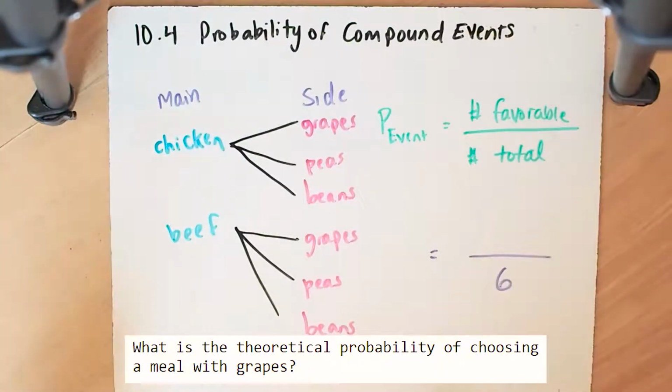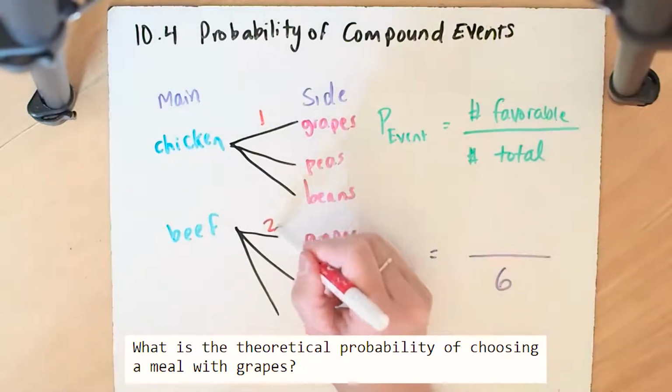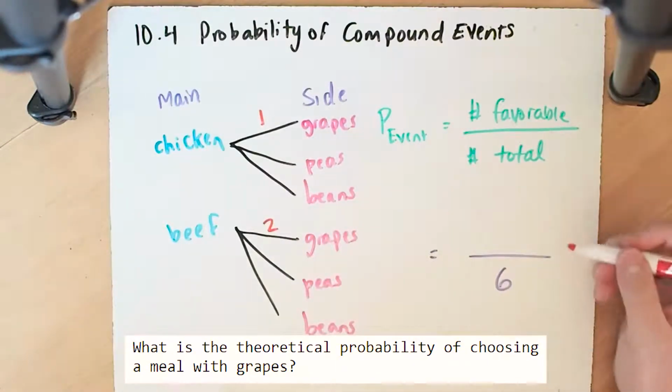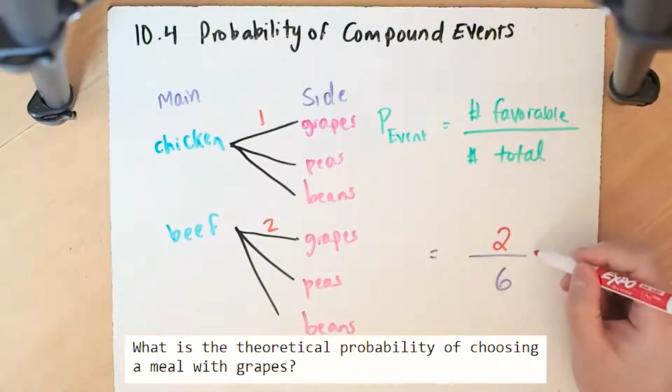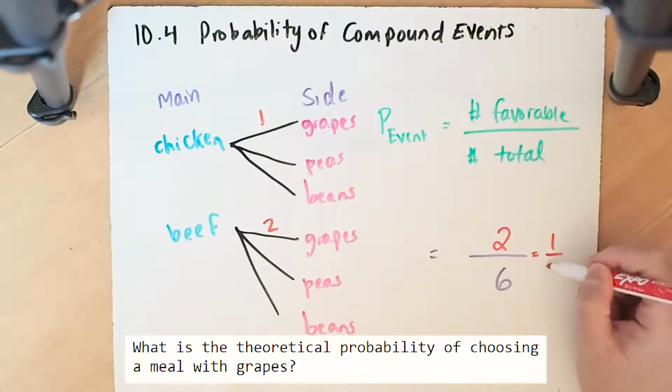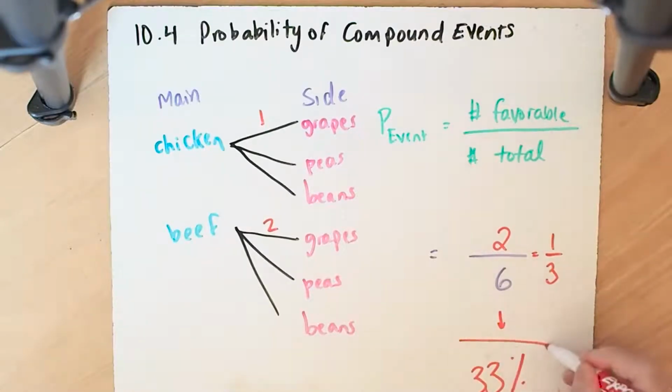From the context of the question, we see that a favorable outcome is defined as any outcome that has grapes. And we see that we have 1 outcome that has grapes, 2 outcomes that have grapes. That means there's 2 favorable outcomes, so we write the number 2. We can then reduce that, and it becomes 1 over 3, or 33%. So there's a 33% chance that your meal will have grapes.